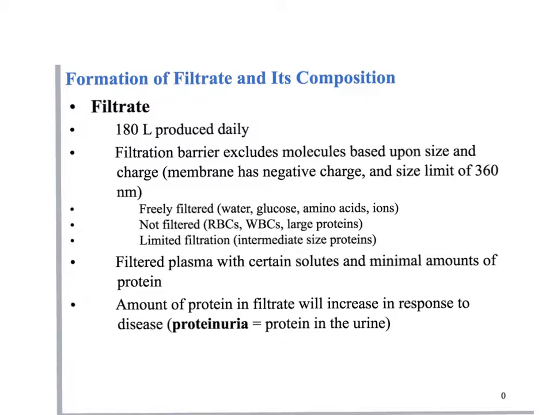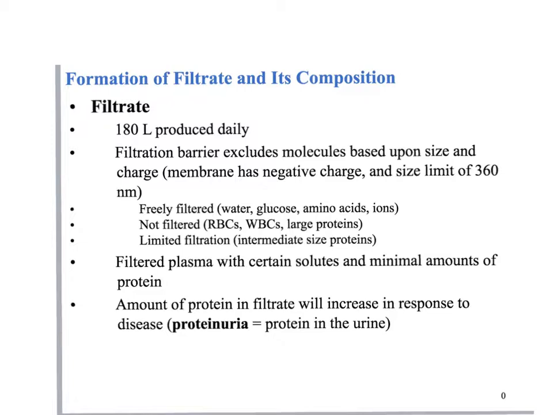Normally, they do not get past. But in some cases, they do. Usually, it's indicative of some type of disease state. Okay? Whether it be too high blood pressure, or something attacking the cells that make up the podocytes that make up the filtration membrane, then you end up with protein in the urine, and that's indicative of some type of problem. Okay?